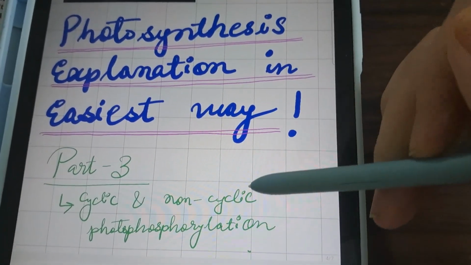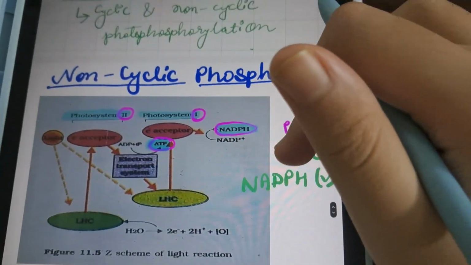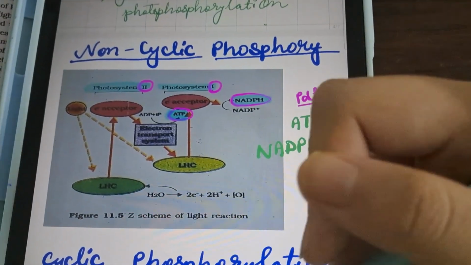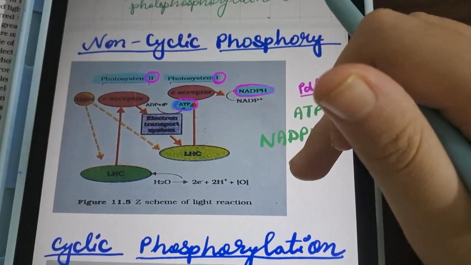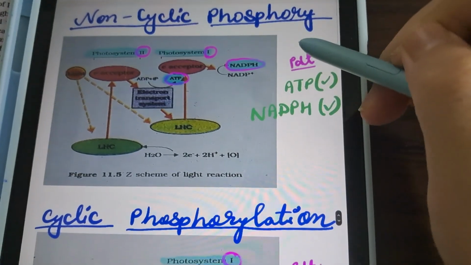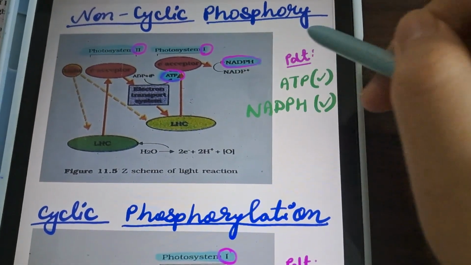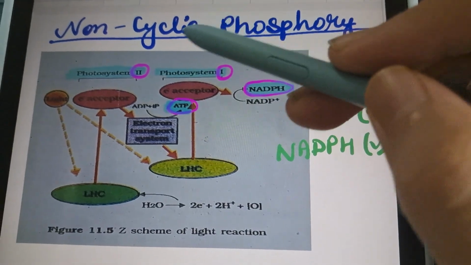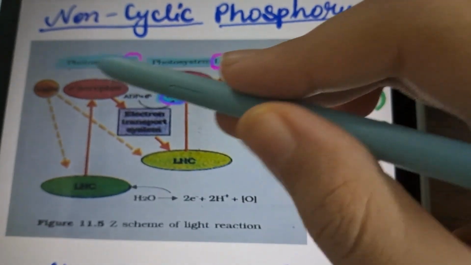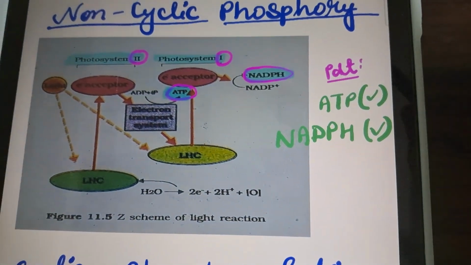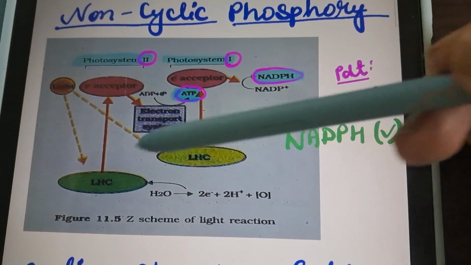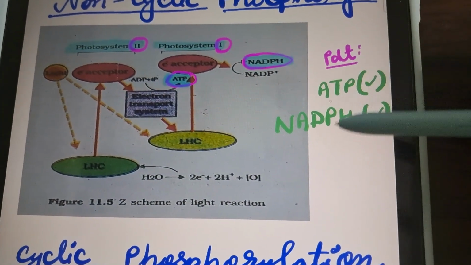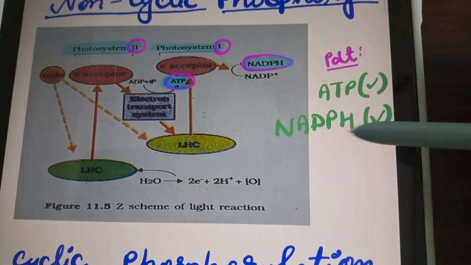non-cyclic phosphorylation. So before we go through the NCERT theory, it's important that we first understand the difference between these two. Okay, so when we come to non-cyclic photophosphorylation, in non-cyclic one, both the photosystems are included. First PS2, then PS1, and its products are going to be two: ATP as well as NADPH.